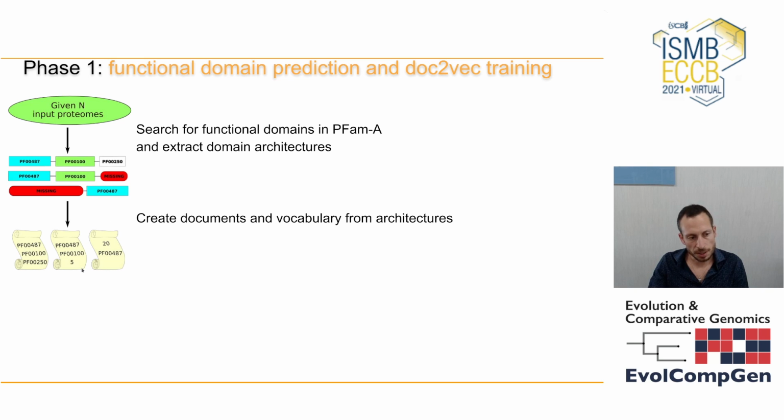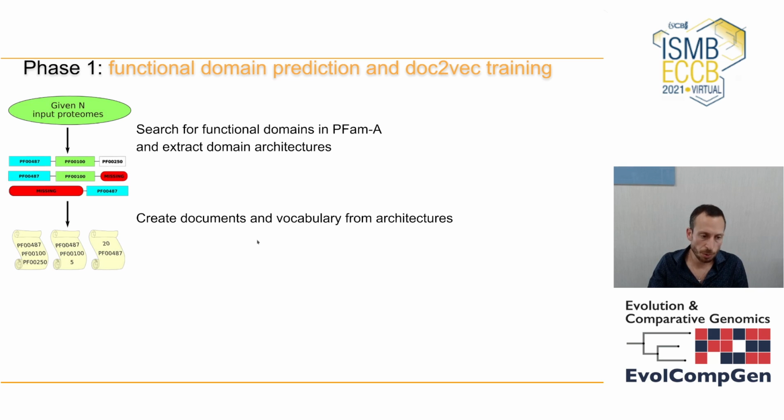Now, if we look at this architecture, we create documents, basically, in which we have words, right? And we see also these numbers. These are also words. Basically, we are encoding these missing interregions, these uncovered interregions of different lengths, as different words, right? So that would be part of the vocabulary.